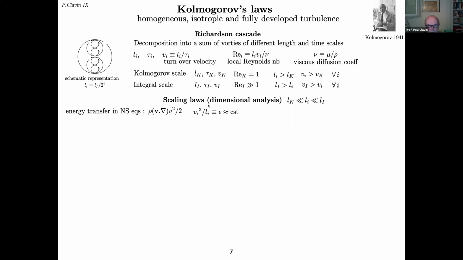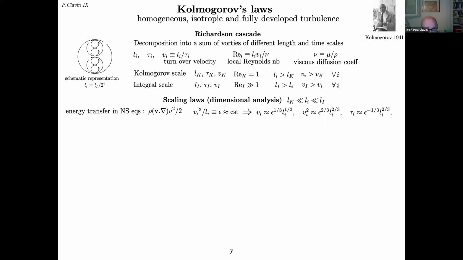Assuming the constant transfer, you find a scaling law between the fluctuating velocity and the length scale of this fluctuation.